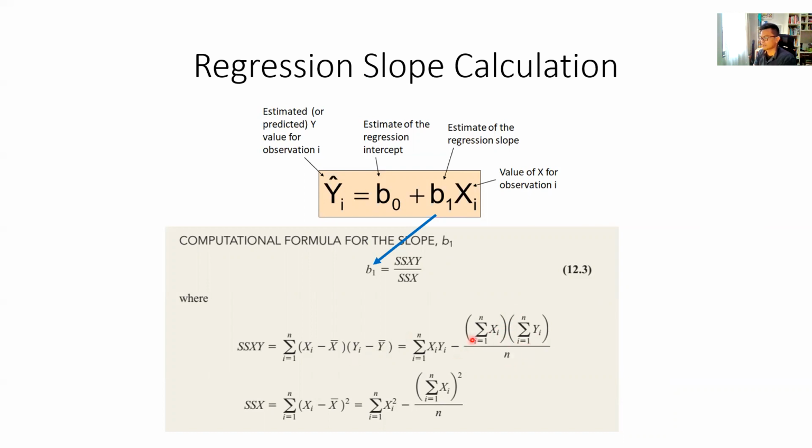So this is for ssxy. And then ssx equals a summation of the squared value of each of the variables minus the summation of all of the variables, then we square it and divide it by the number of data.